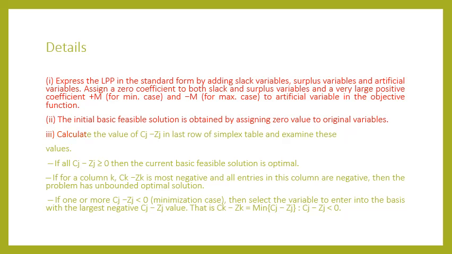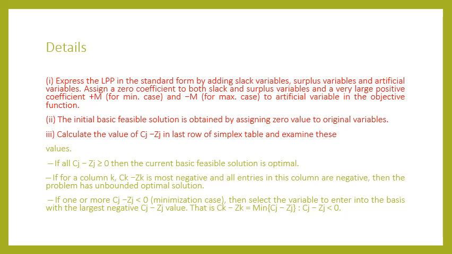Calculate the value of Cj minus Zj in the last row of the simplex table and examine these values. If all Cj minus Zj are greater than or equal to 0, then the current basic feasible solution is optimal.